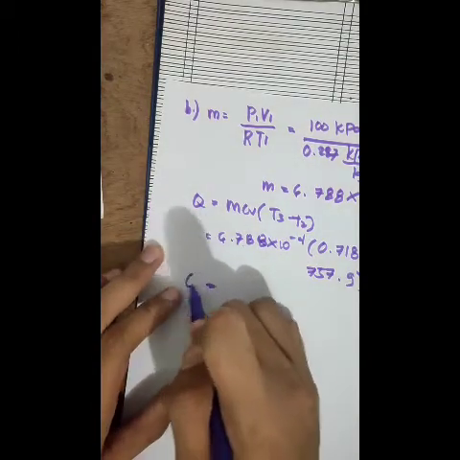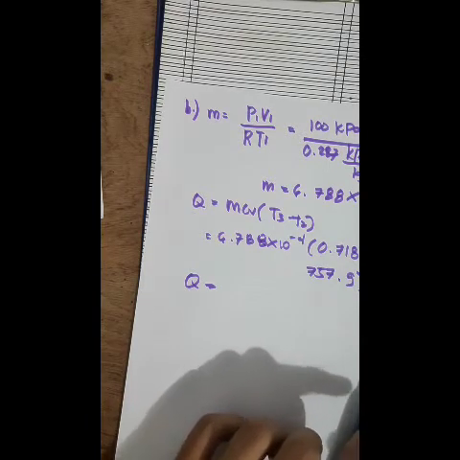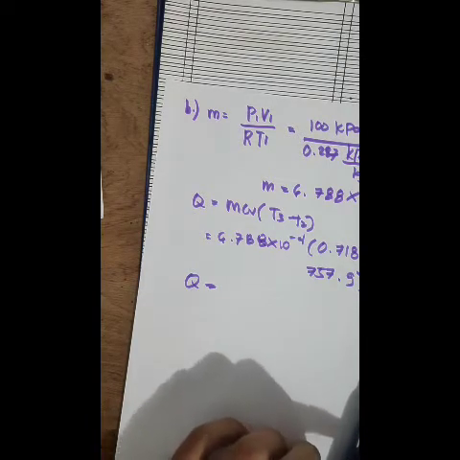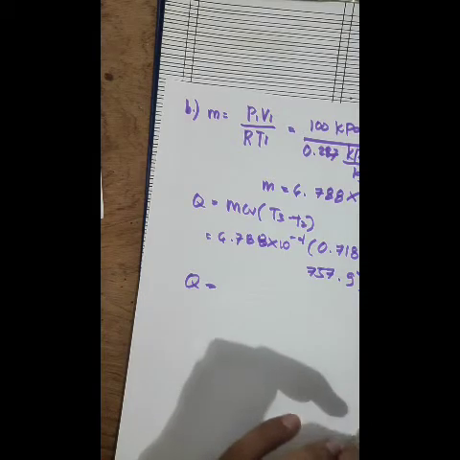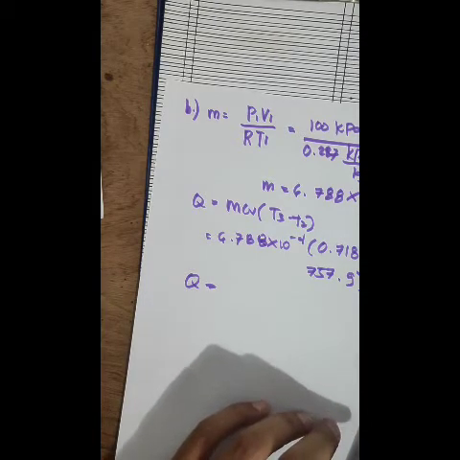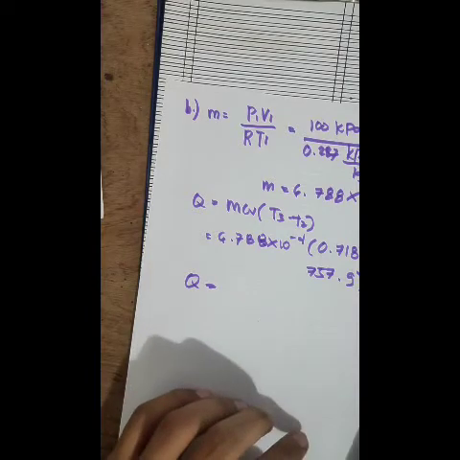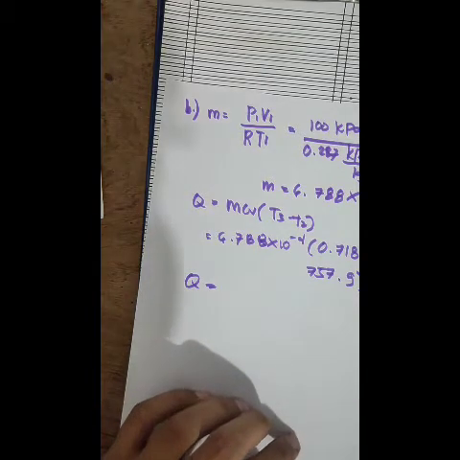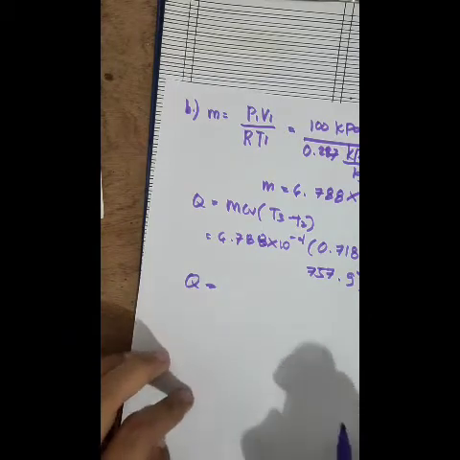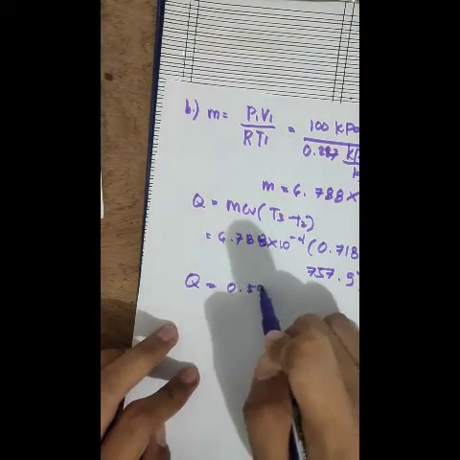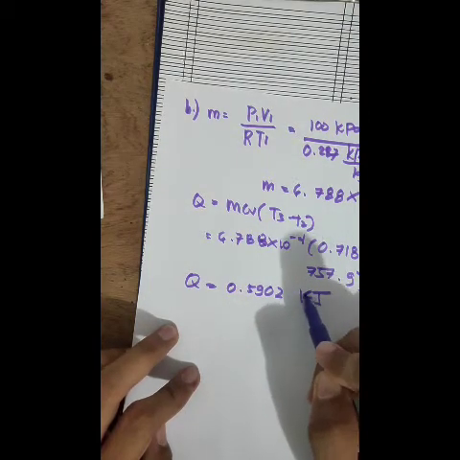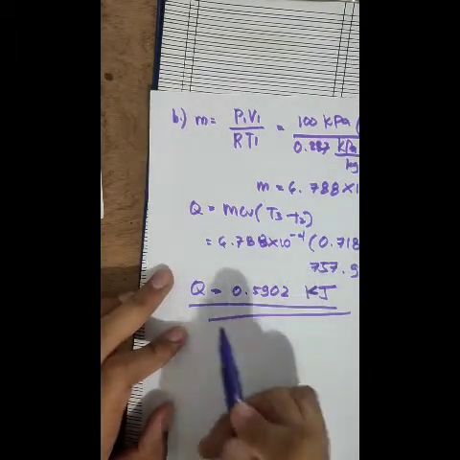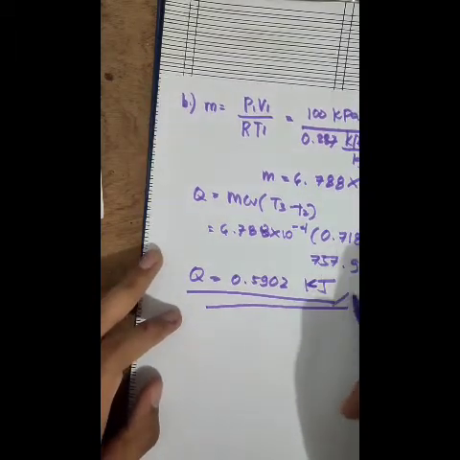So we can get the value of Q: 6.788 times 10 raised to negative 4 multiplied by 0.718 times 1968.6995 minus 757.9. So the value of heat is equal to 0.5902 kilojoule. So this is the amount of heat transferred in kilojoule.